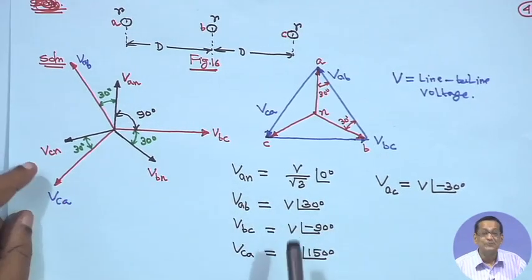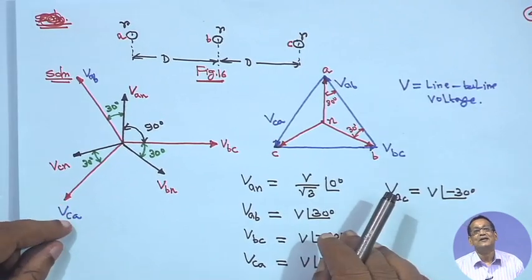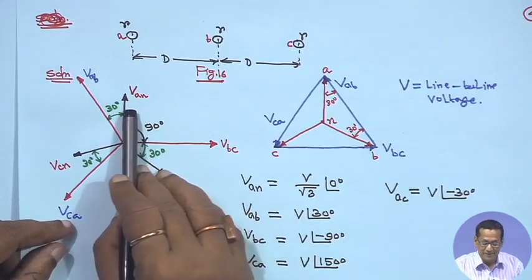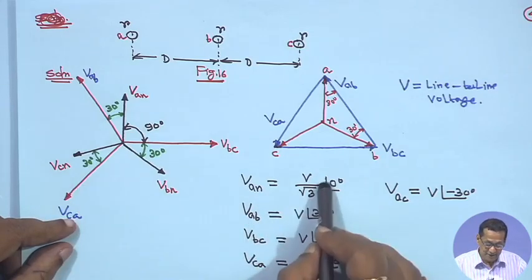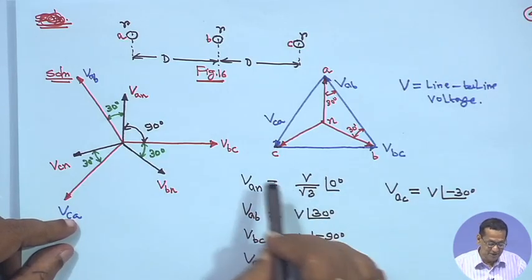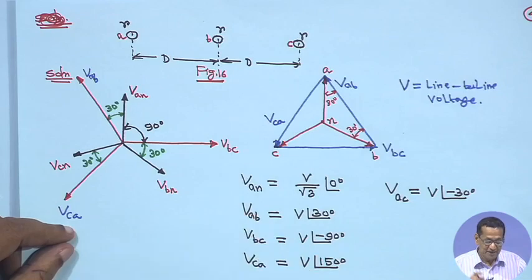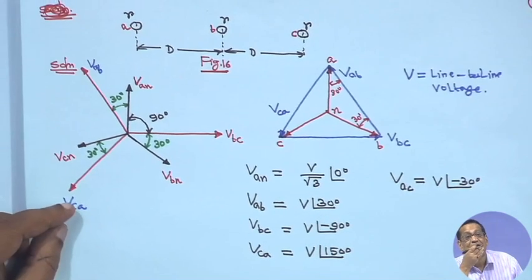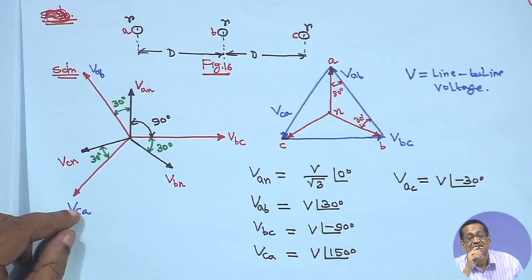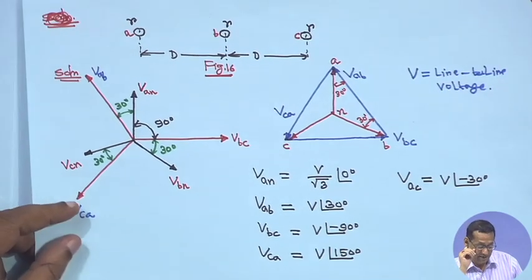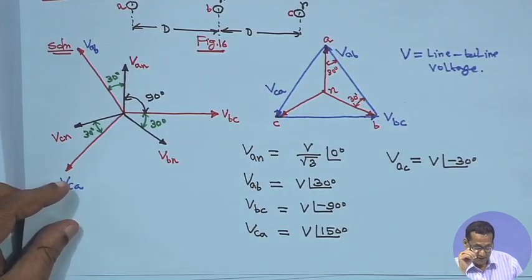So, this way first you make this phasor diagram. If VAN is the reference, then VAN is equal to V by root 3 angle 0 degree, because we assume magnitude VAB is equal to magnitude VBC is equal to magnitude VCA is equal to V, the line to line voltage magnitude.